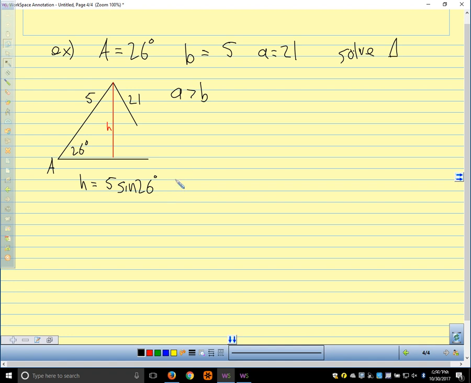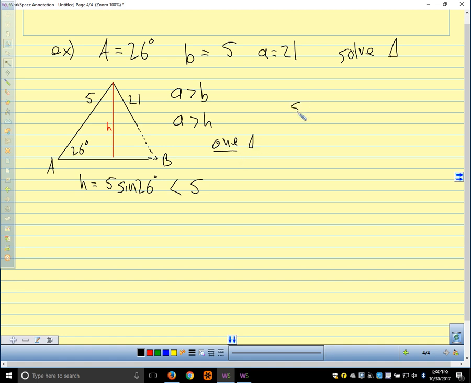So this has to be less than 5. So a is greater than the height. So that tells us that we get one possible triangle.